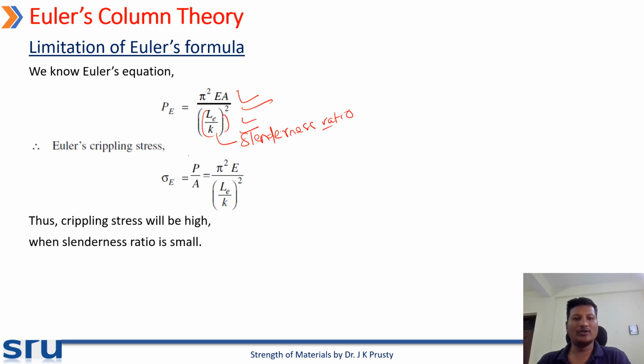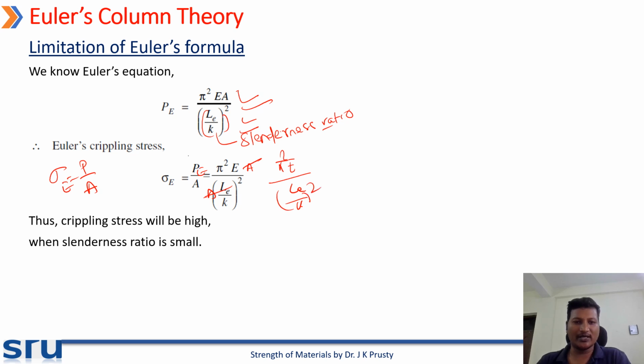So what is Euler's crippling stress then? You know stress is equal to load by area. So Euler's crippling stress is PE by A. P is nothing but pi square EA divided by LE by K whole square, and A cancels out. It is pi square E by LE by K whole square.